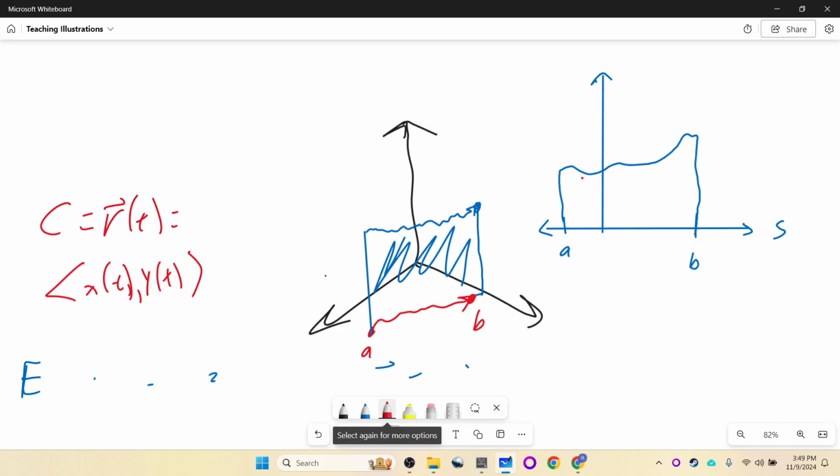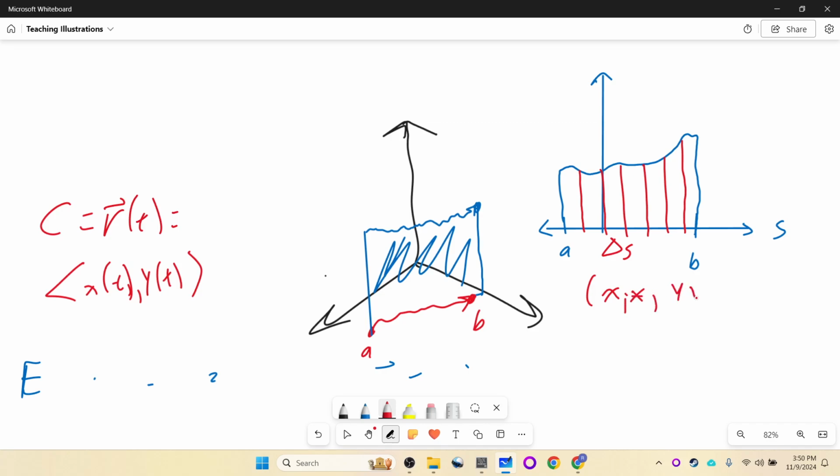It's not perfect, but we would do what we normally do, the Riemann sum. We would divide it up into columns. And in each column, we would say, well, the width is delta s. And we would pick a sample point along there, xi star, yi star.